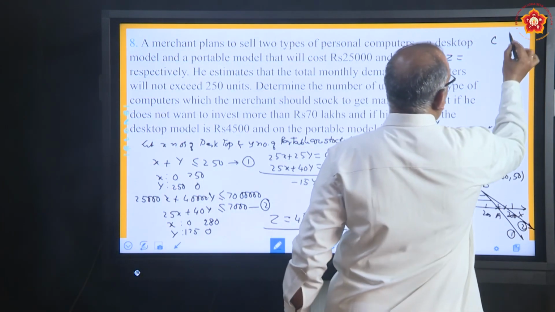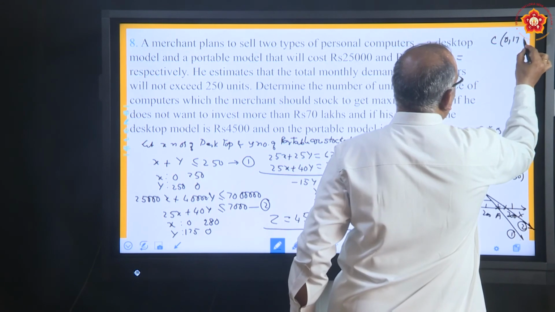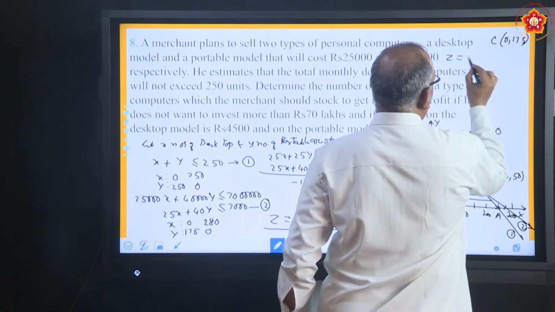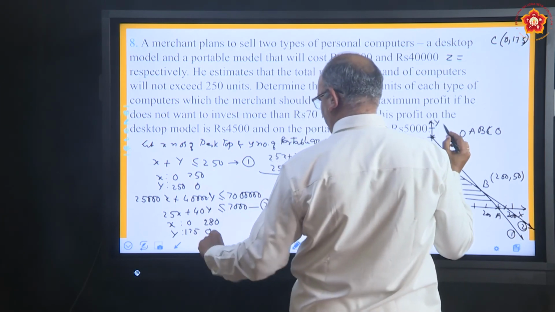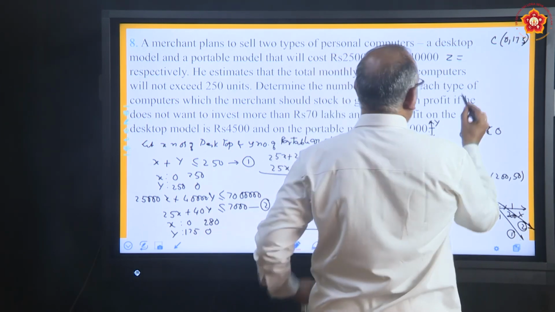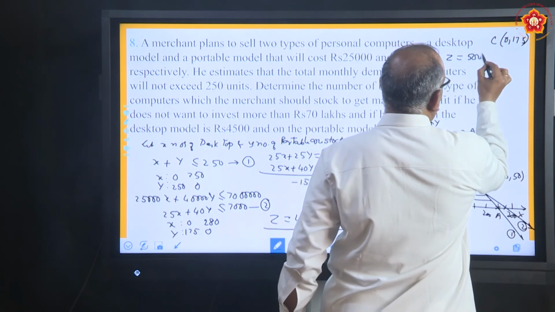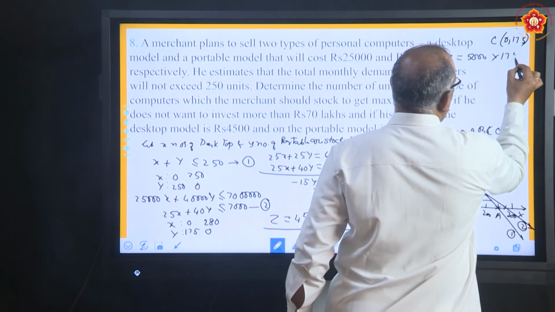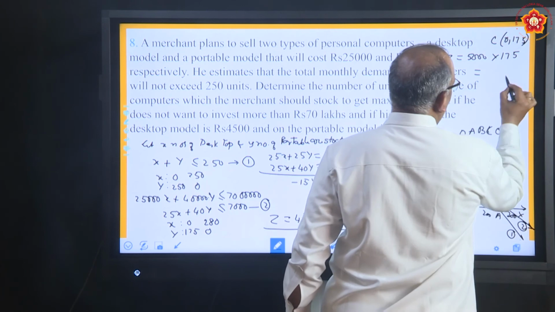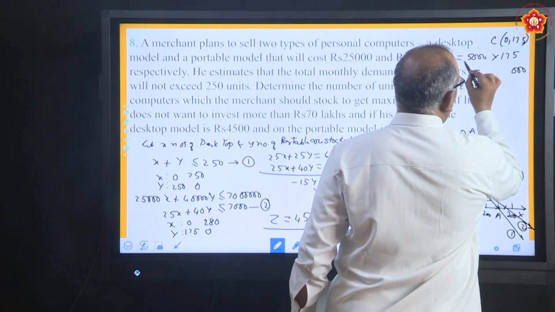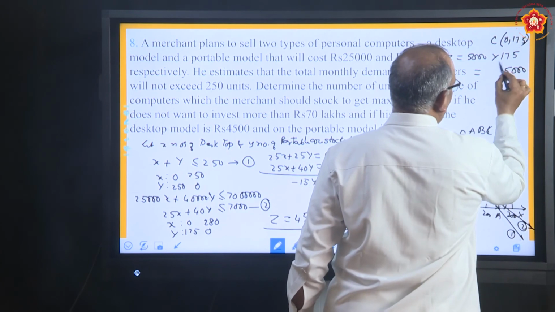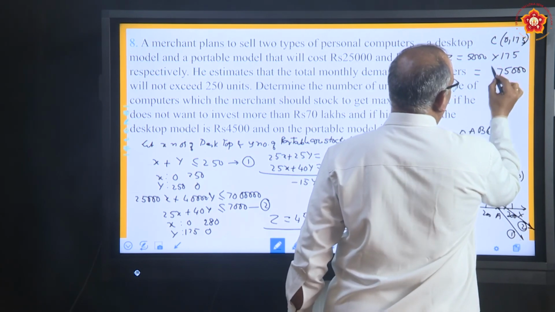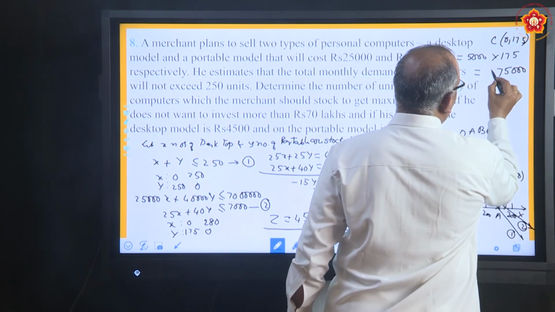So 0, 175. So what will be Z? The x part will become 0, only take the second part, that is 5,000 into 175. So, how much are you going to get? 3 zeros, 5 5s are 25, 5 7s are 35 plus 2, 37, 5 plus 5 1s are 5 plus 3, 8.